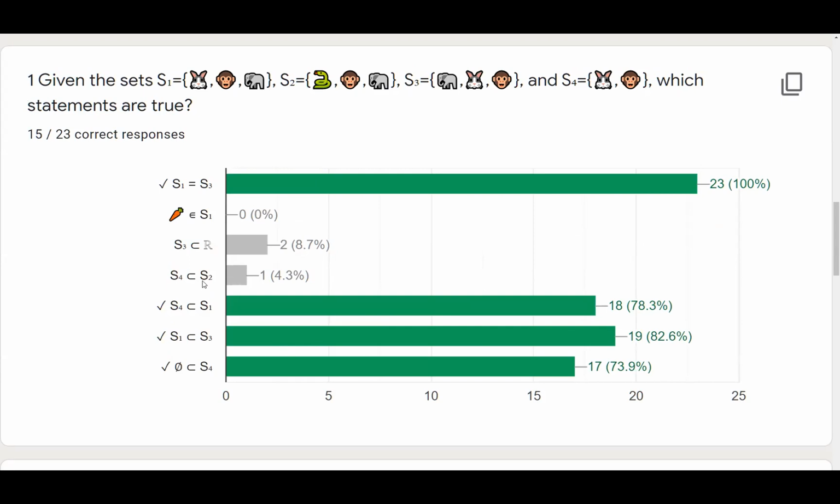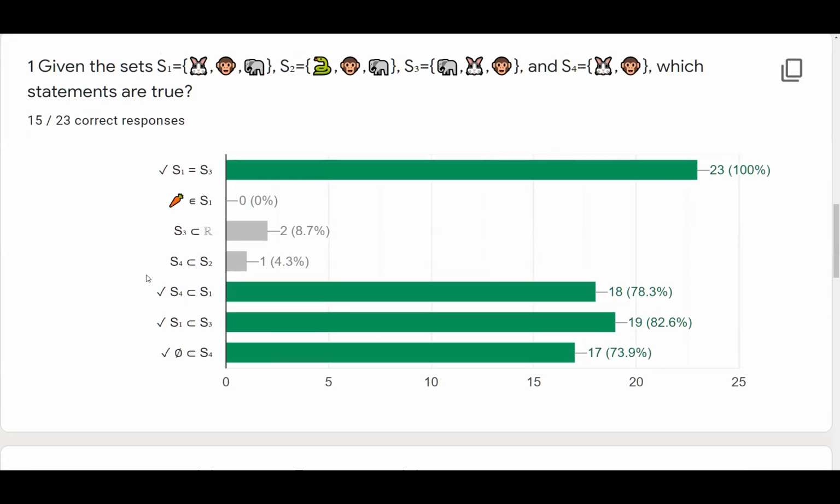S4 is a subset of S2. Is that true? No, because the rabbit is not inside of S2. That's just easy to miss. S4 is a subset of S1? Yes. S1 is a subset of S3? Yes. Why?